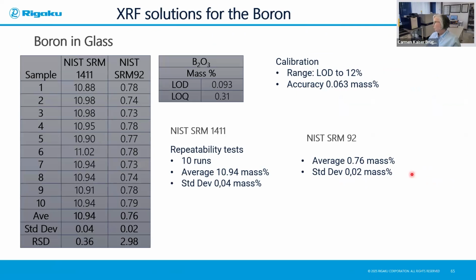Showing you in more detail the NIST standard, and then calculating limits of quantification and limits of detection on that particular calibration. So it's very possible to create a boron in glass calibration with a good range, and also showing what kind of accuracy can be achieved with this range.